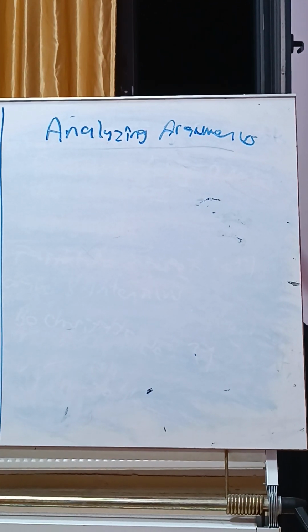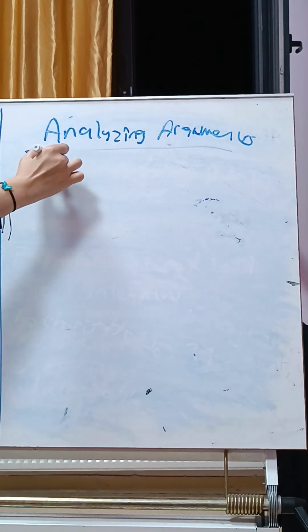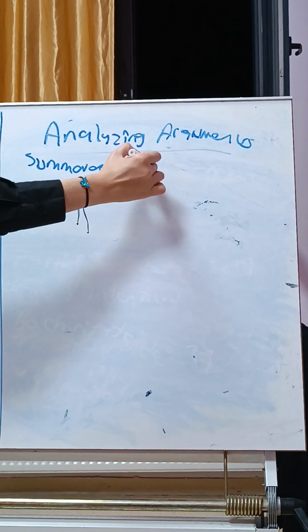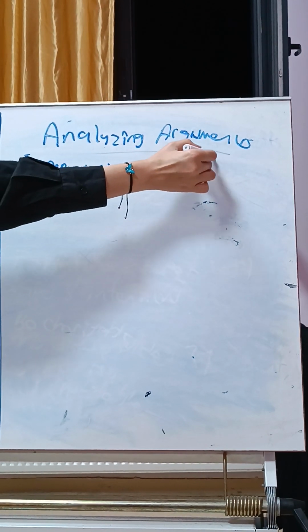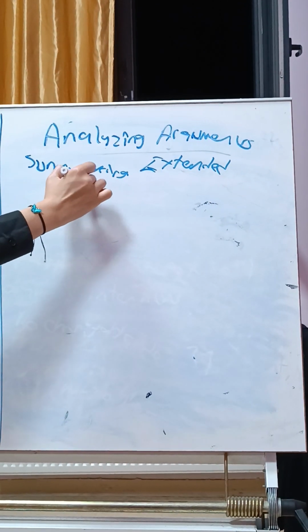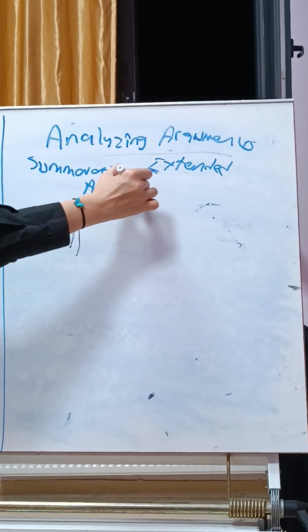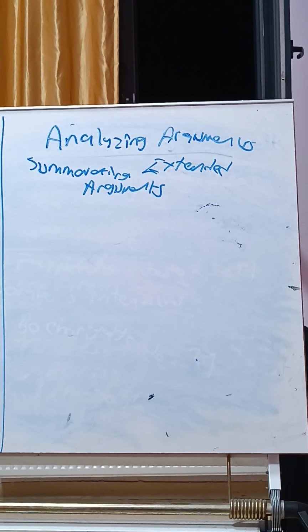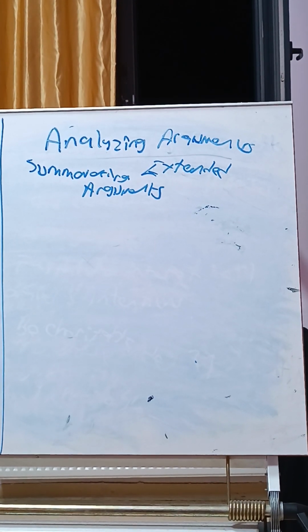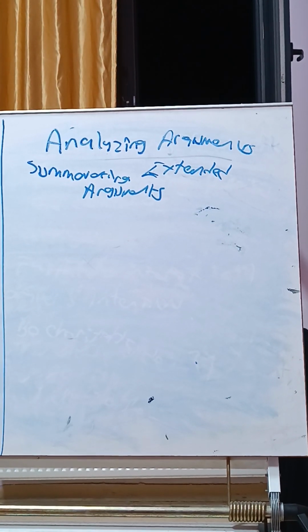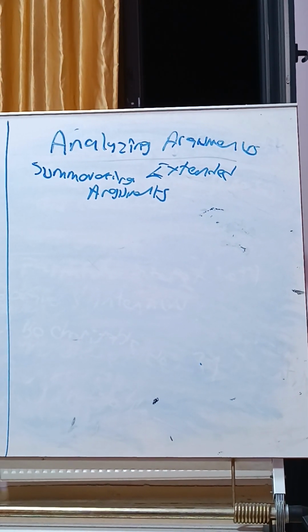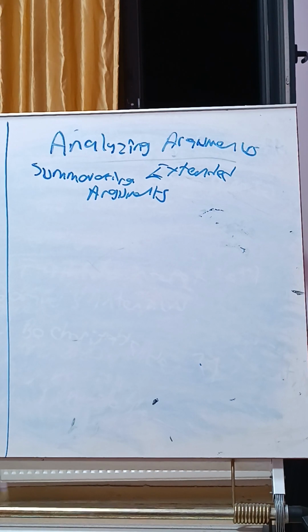Now let's look at summarizing extended arguments. Now that we have learned how to paraphrase passages and fill in the missing premises and conclusions, it's time to introduce our method for summarizing longer arguments.